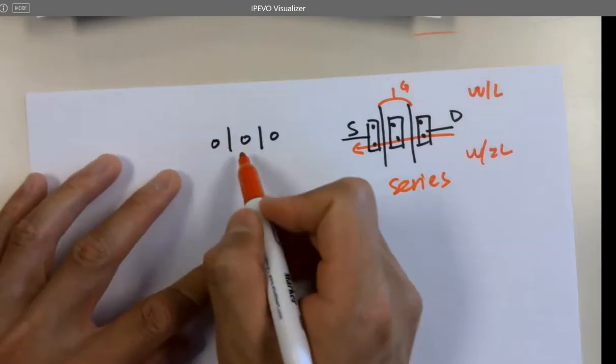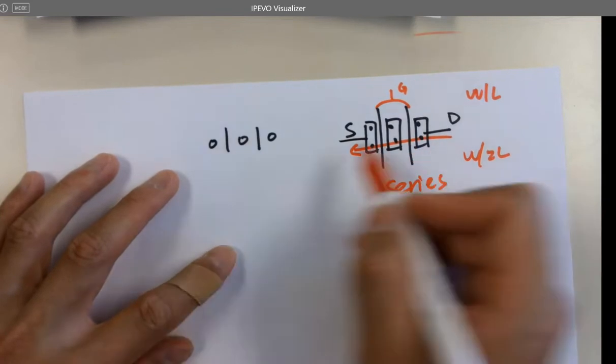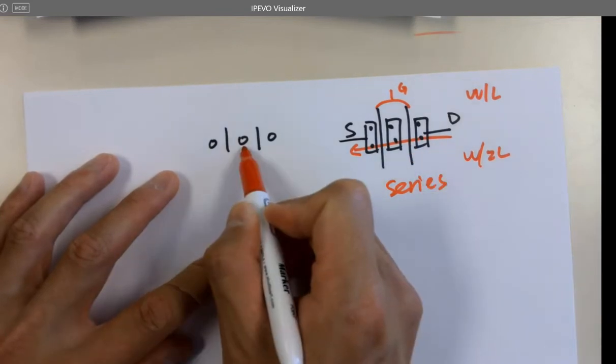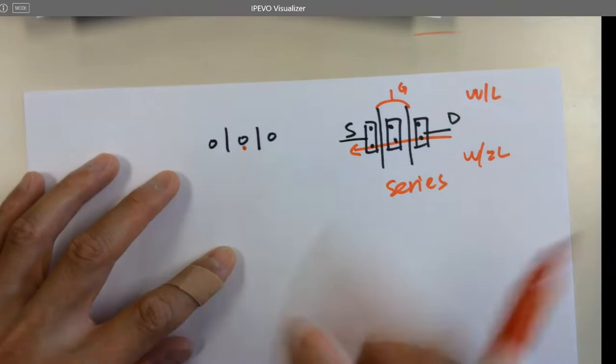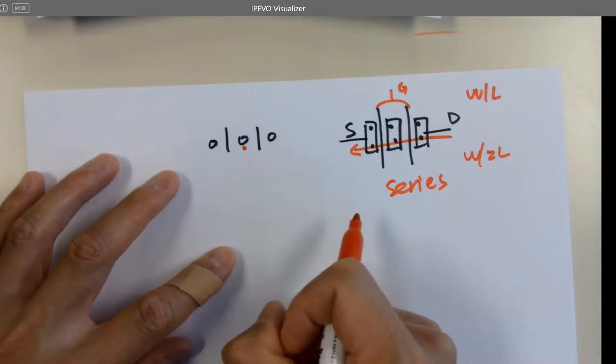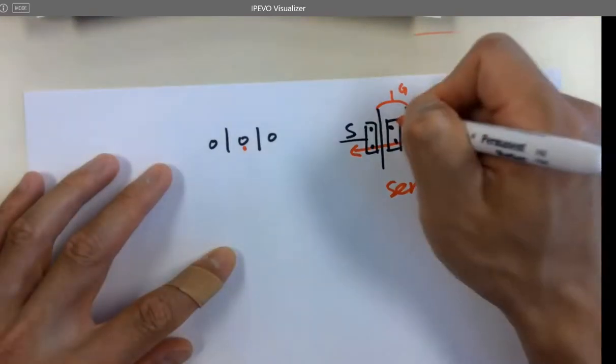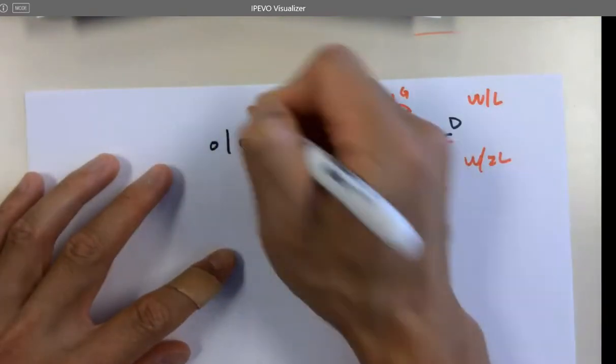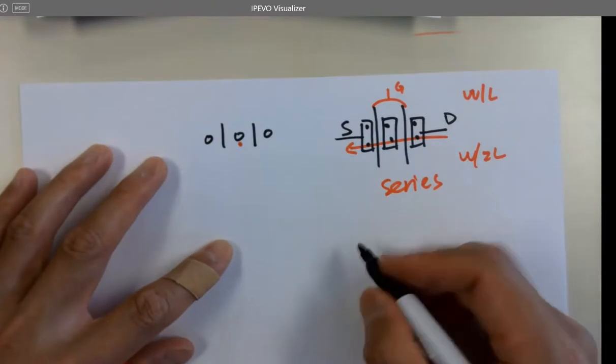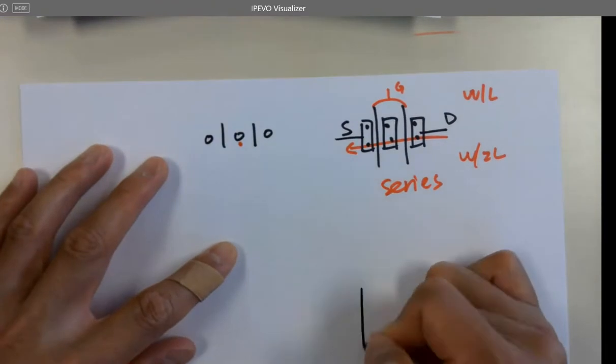How can I put the two transistors in parallel? Still have the middle one combined together, but I want to rewire it and make the two PMOSes in parallel. How do I do that? So in layout, let me do the layout to make it look like a real one.